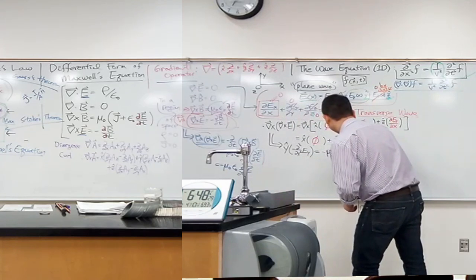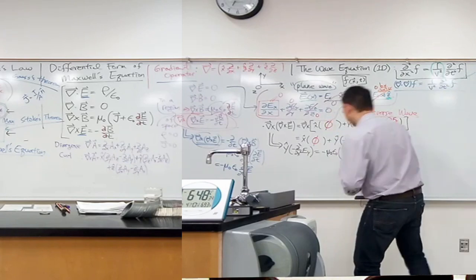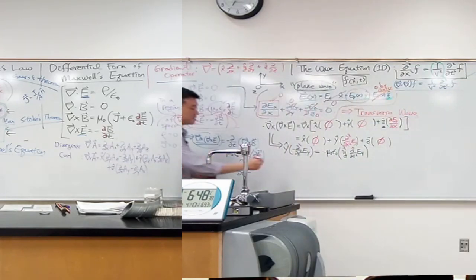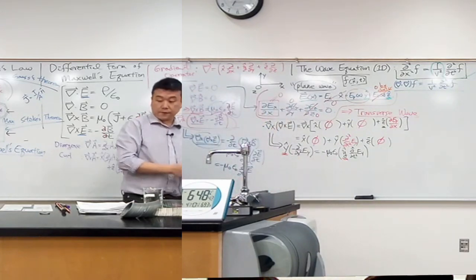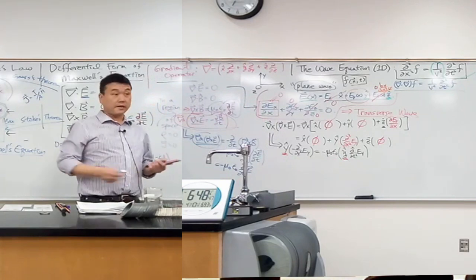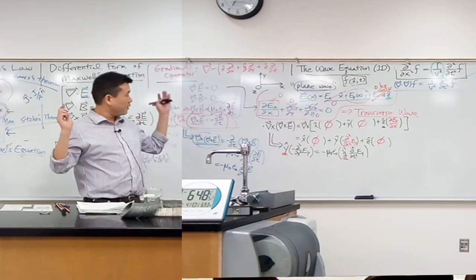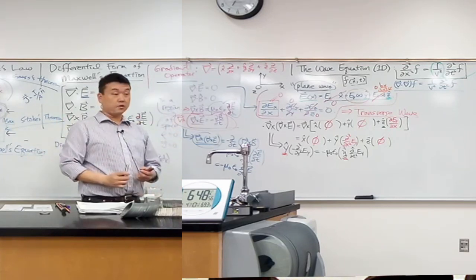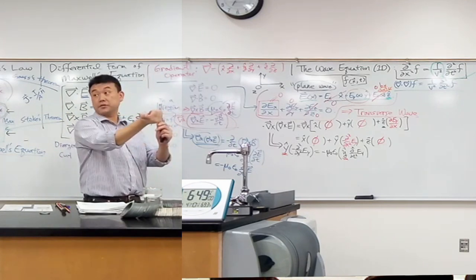And this is one place where we see something reassuring, because it's the same component, y hat and y hat. If these had been different components, then we would be in trouble. We would have to say the only way to satisfy that equation is for the whole thing to be 0, because something in the y hat direction cannot equal something in the z hat direction.